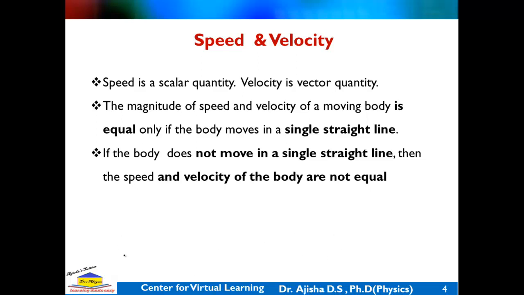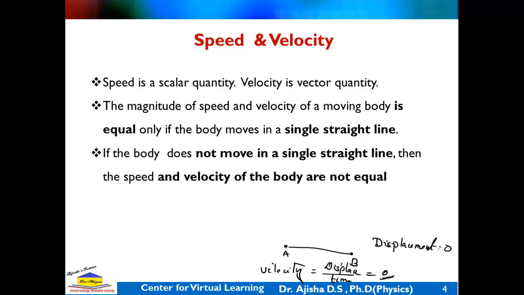That is, if an object starts from point A, goes to B at one particular velocity, and then returns back to A, the displacement is equal to 0. Velocity equals displacement by time, so if the displacement is 0, then the velocity is also 0.